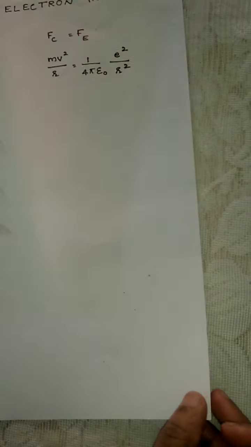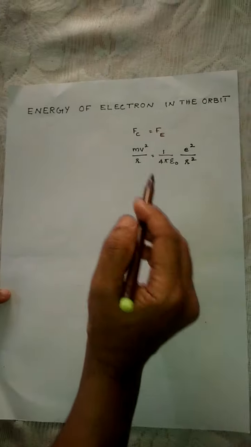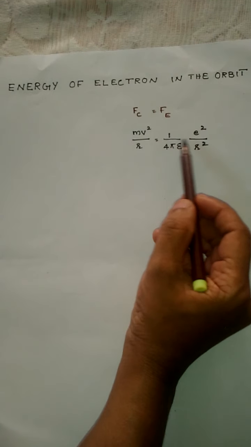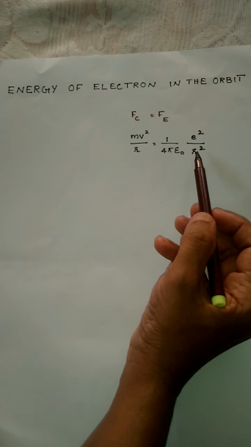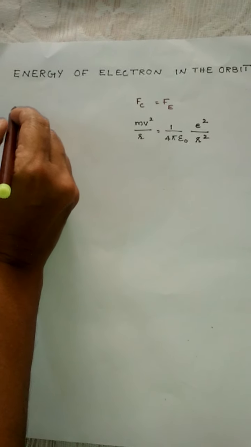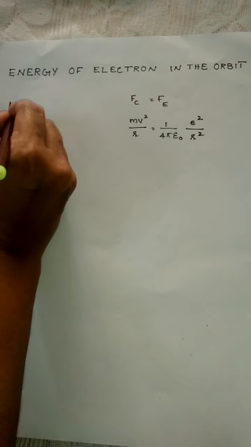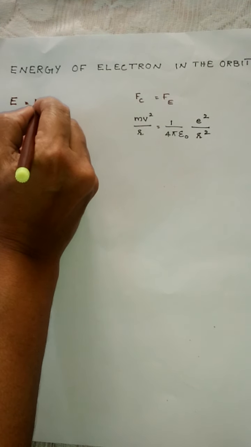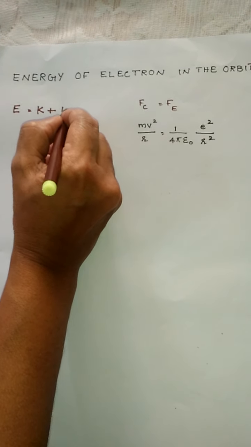Now let us find the energy of the electron in the orbit. For an electron, the centripetal force is the electrostatic force that we have already learned. And the total energy is the sum of kinetic energy and potential energy.